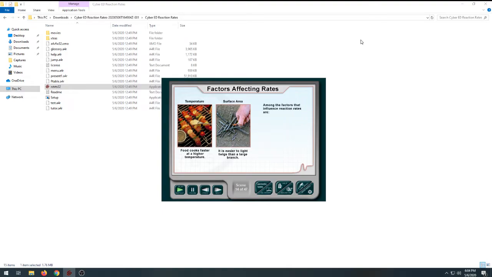Among the factors that influence reaction rate are the concentration of the reactants, the temperature at which a reaction is conducted, the surface area of solid or liquid reactants, the presence of catalysts, and the nature of the reactants. Each of these factors will be addressed in the next section of the program.